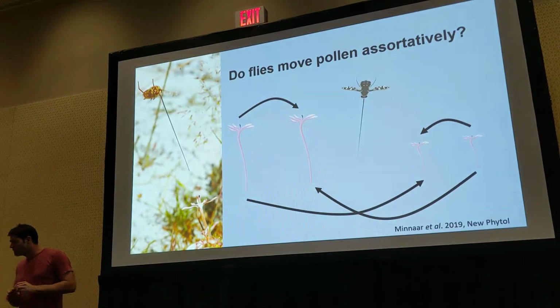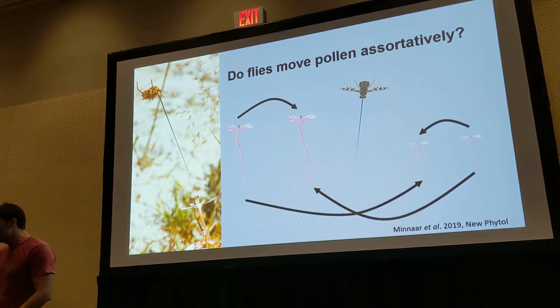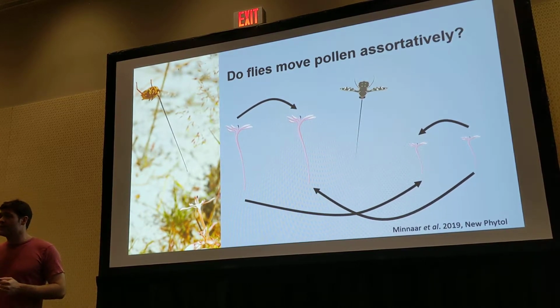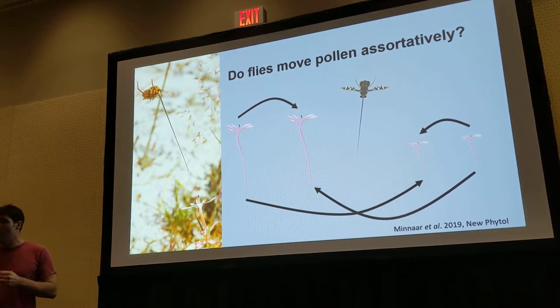Okay, so now what we wanted to do was figure out whether this weird placement of pollen results in a sort of pollen movement. In other words, is there more pollen movement within morphs than between?